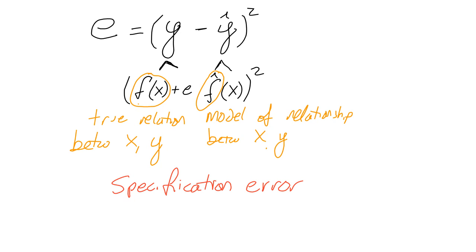And because we can't usually know the underlying true f, the real relationship between x and y, it's highly likely that every time we fit a model, we will induce what's called specification error. The reading and machine learning in general calls this reducible error.